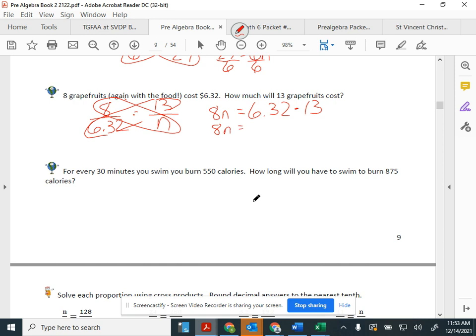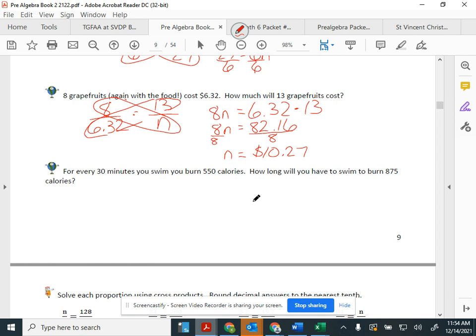What is it? 82.16. That is expensive. So then we want to divide each side by 8. Right? So $82.16 divided by 8 should give us $10.27.